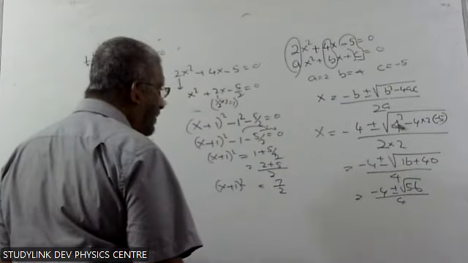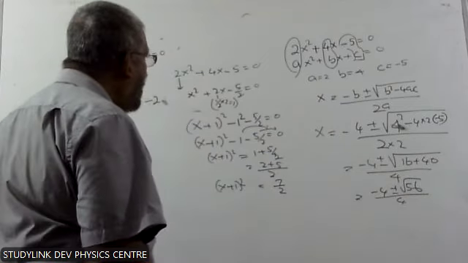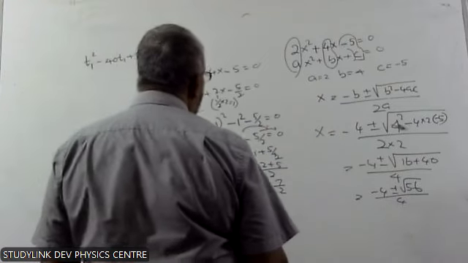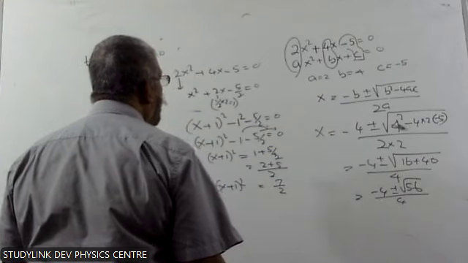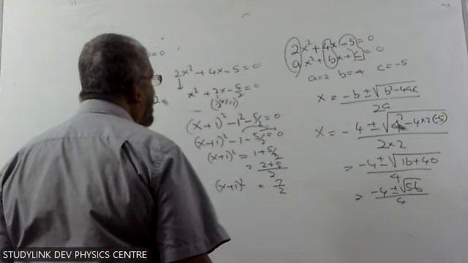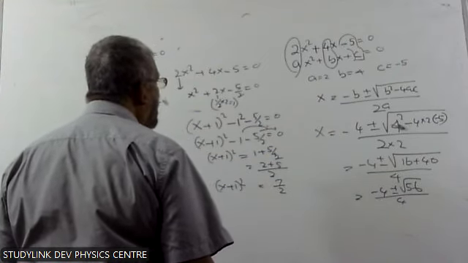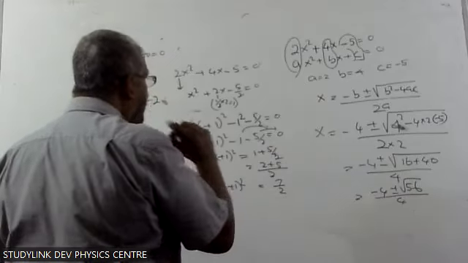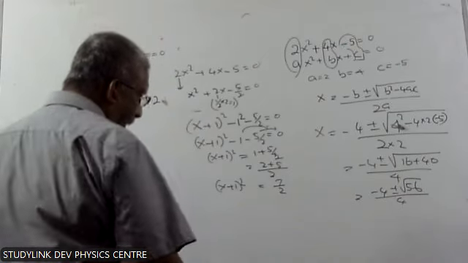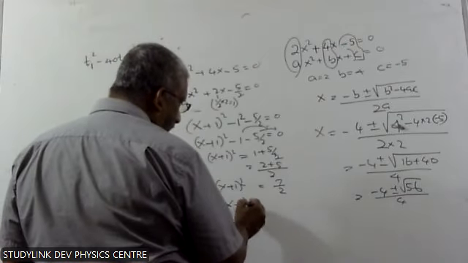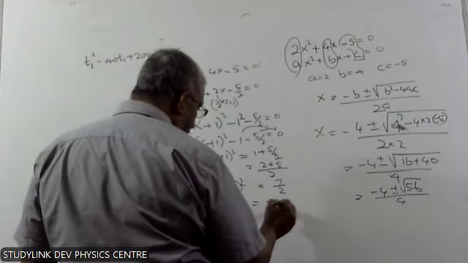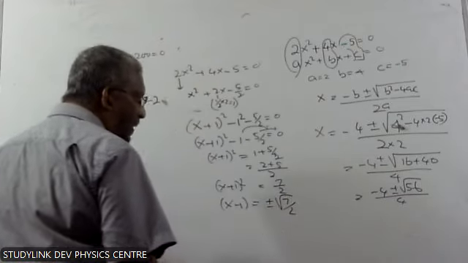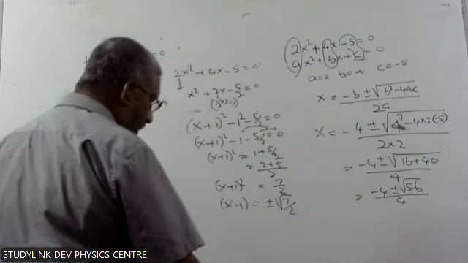Then after that, you have to get the square root. Then x plus 1 is equal to plus or minus square root of 7 by 2. From this you can get the answers.